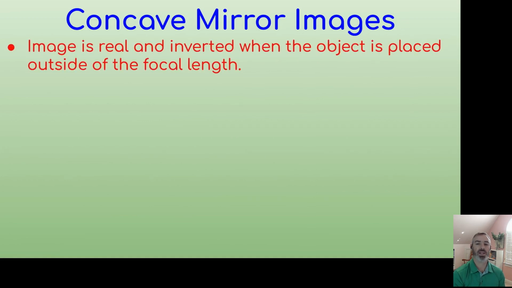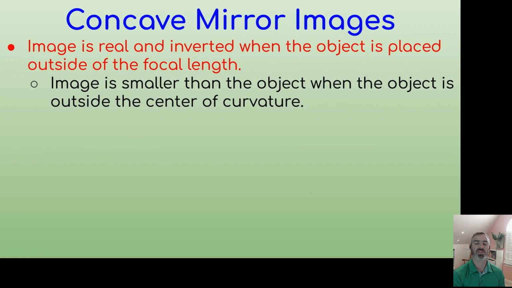Let's recap concave mirror images. The image is real and inverted when the object is placed outside of the focal length, further than the mirror distance to the focal length. We know that the image is smaller than the object when the object is outside the center of curvature.